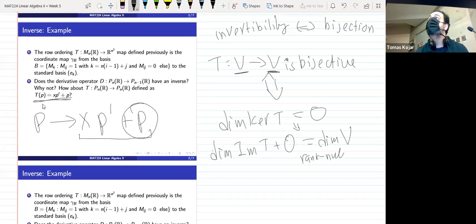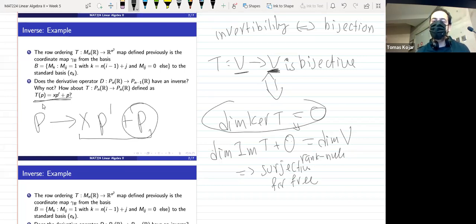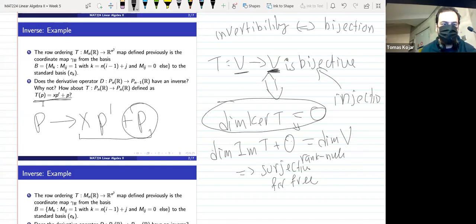But this V is the codomain of the map, so that gives you surjective for free. So just by showing injective, you get bijective. Everybody happy? All right, we'll continue. Okay, thank you.